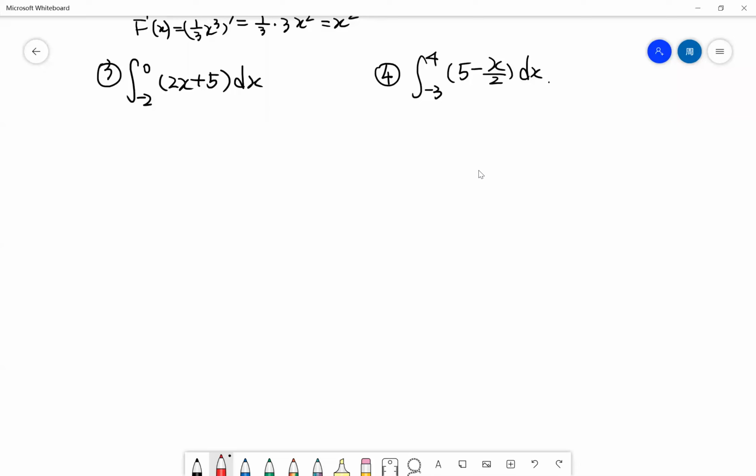Try to calculate by yourself, guys. Because these questions are the basic ones, we can use the formulas we have remembered before directly. And then we can solve some more complicated ones. So this is the first step, the basic level for calculating definite integrals.